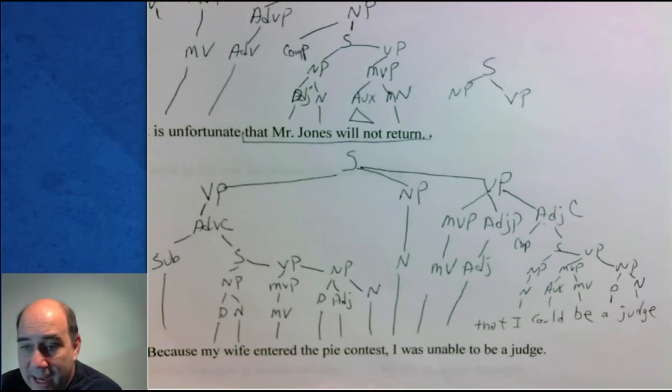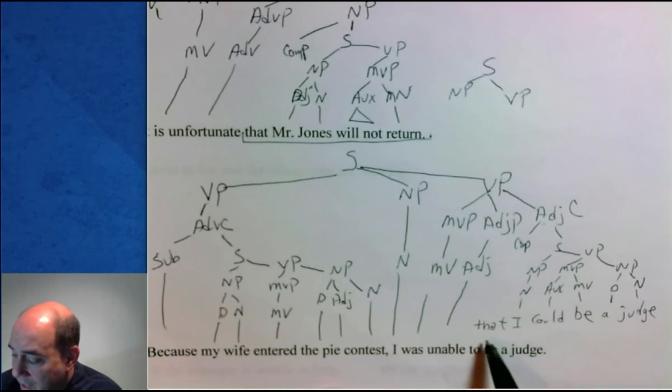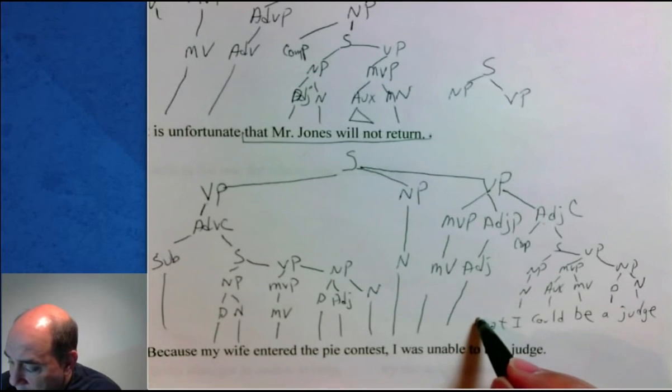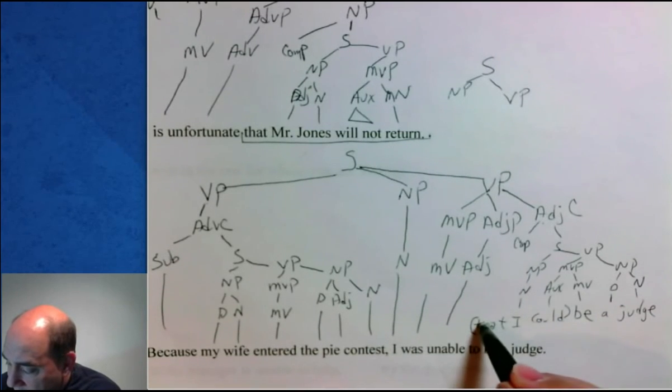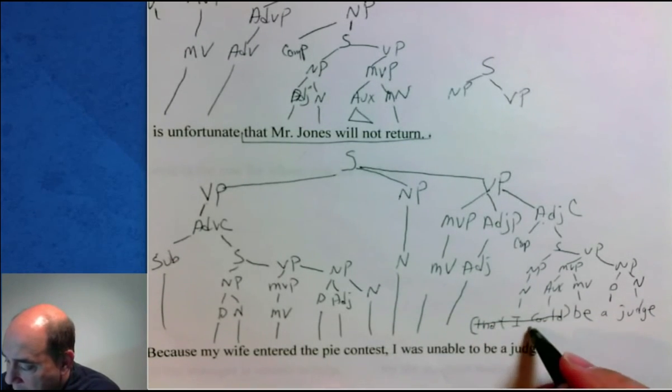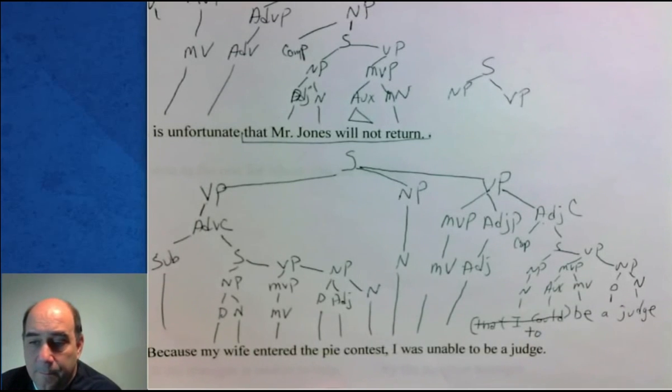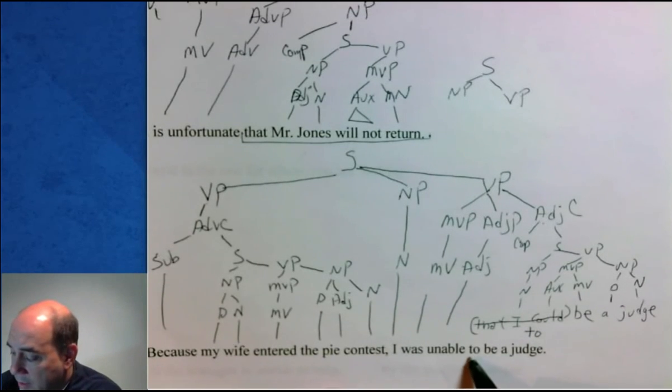A messy mess, right? This then gets reduced, that I could. All this gets reduced, and we take all this and scratch it out, and it becomes to. And that's how we get to this part here.